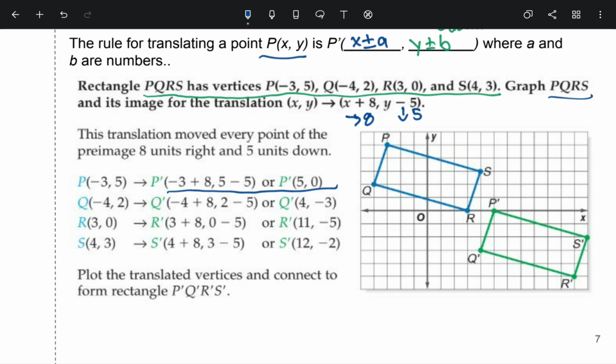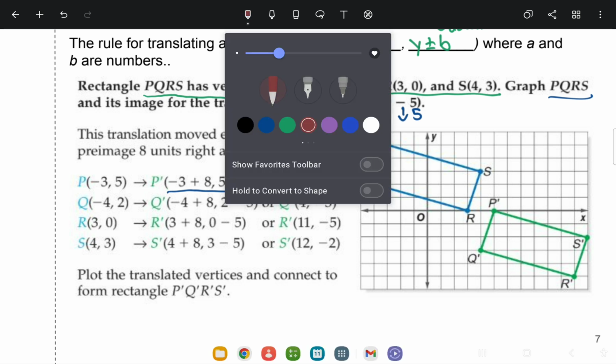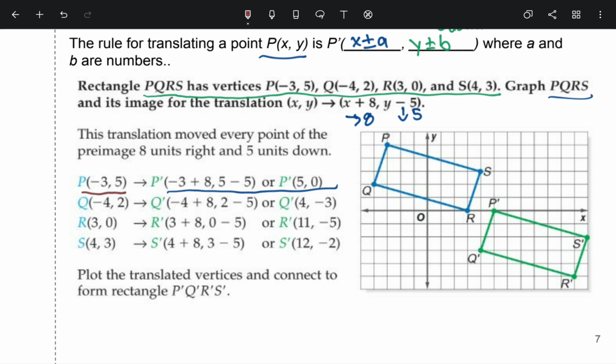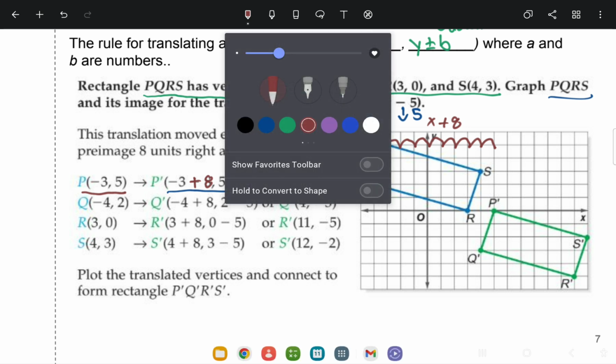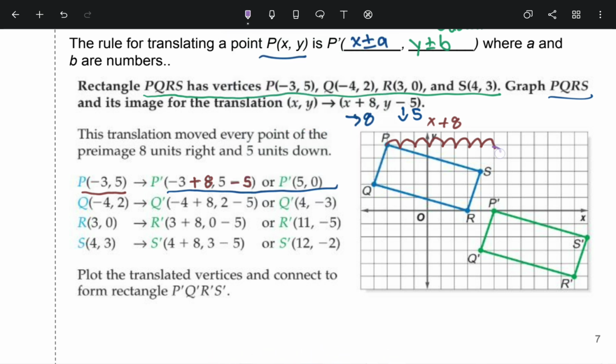So it's already done for us, but let's check. So P was (-3, 5). We added 8 to our x and subtracted 5 from our y. So we go 1, 2, 3, 4, 5, 6, 7, 8. That's plus 8. And then 1, 2, 3, 4, 5.